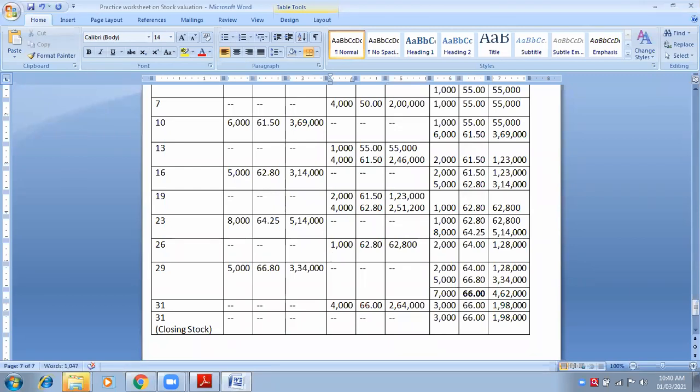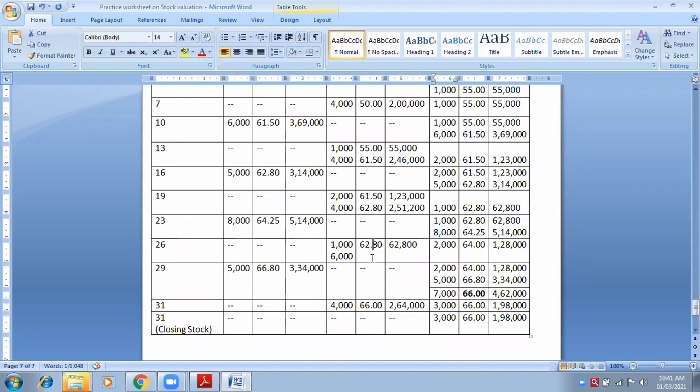But how much have we issued already? 1,000. So how much is yet to be issued? 6,000. So can we issue these 6,000 units from the second slot of 8,000 units? Can we issue easily? Yes. So second slot is 8,000.